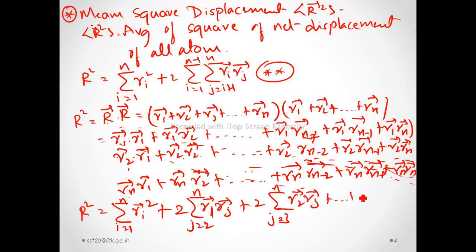This will continue up to 2 into summation of j equal to n minus 1 to n, Rn minus 2 Rj. We are considering up to the n minus 1 term, because Rn we have already considered, right? It is included. Then we have to consider up to the n minus 1 term.